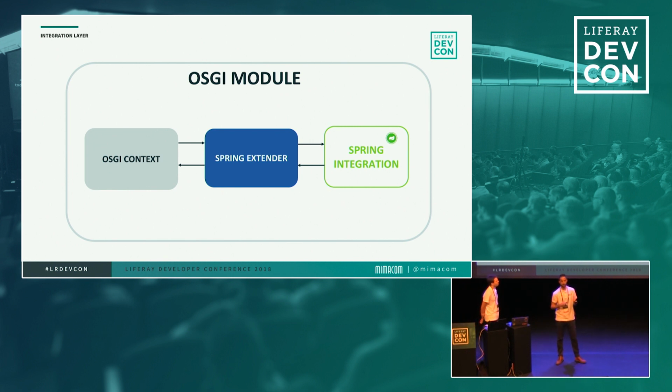Basically, it allows us to expose our Spring context as an OSGi component, as OSGi services. So from now on, we were able to inject one OSGi component into one Spring bean, and the other way, inject one Spring bean into our OSGi container, and be used.